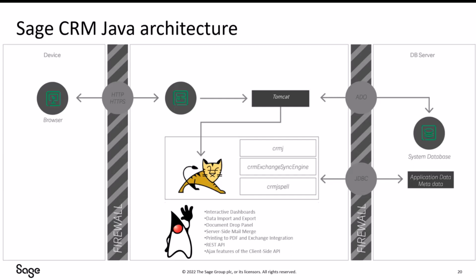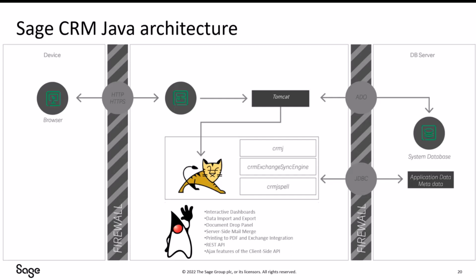And what we can see here is that as requests come in, we might be working on different features, whether it's the integration with Exchange or some of the features associated with the spell checking of the email templates, etc.